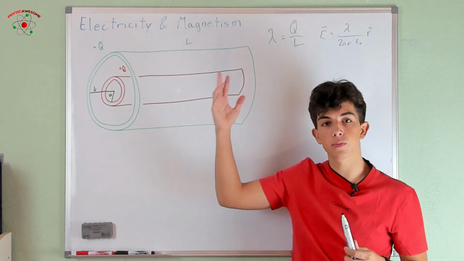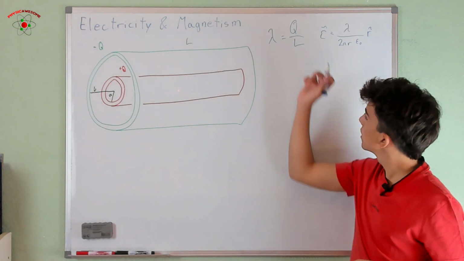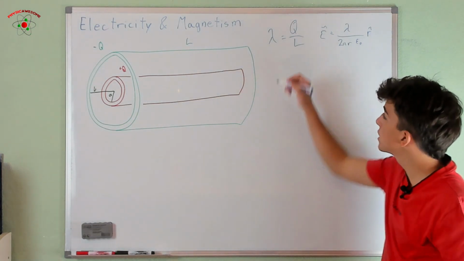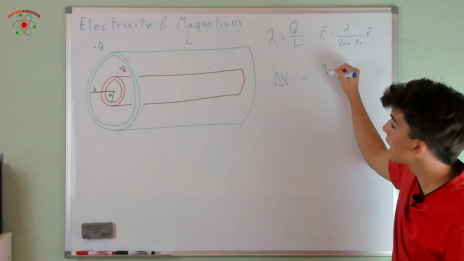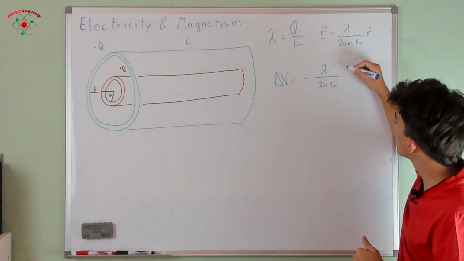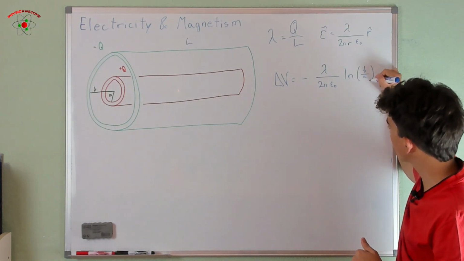On the outside it is going to be 0, and on the inside it is going to be 0 too. Then we also found in our electric potential videos that the potential difference is going to be equal to minus lambda over 2 pi epsilon naught times the logarithm of b over a.